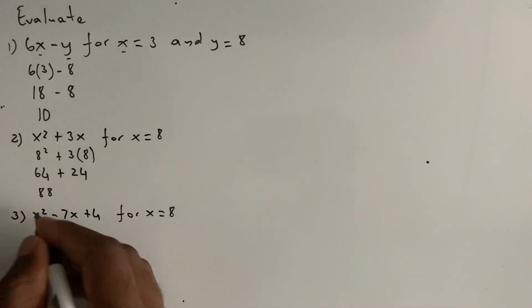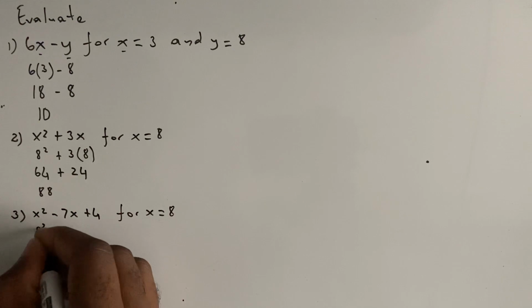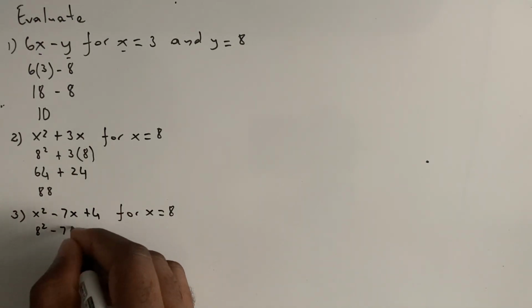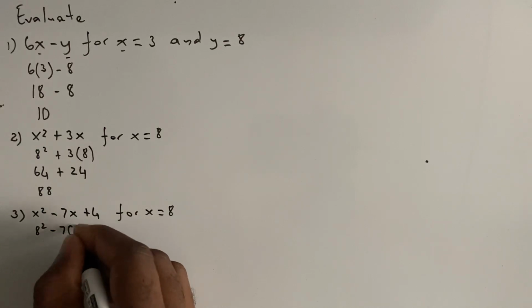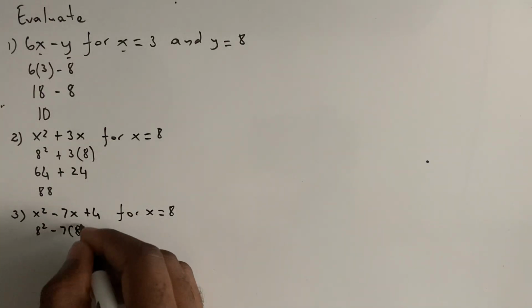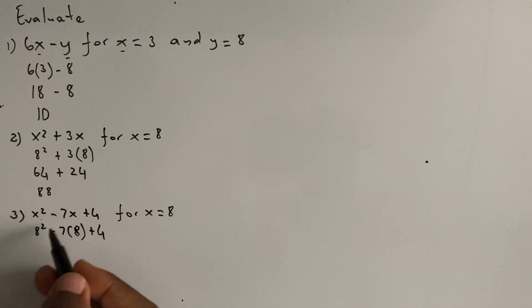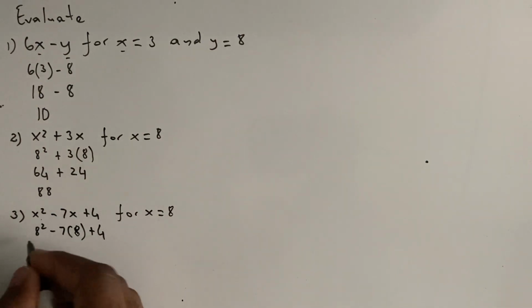I have to replace x by its value, so I have 8 squared minus 7 times 8, plus 4. There's no x in the 4, so I can't replace it by the value, so only here: x squared is 8 squared, and 7x is 7 times 8. And you keep going.